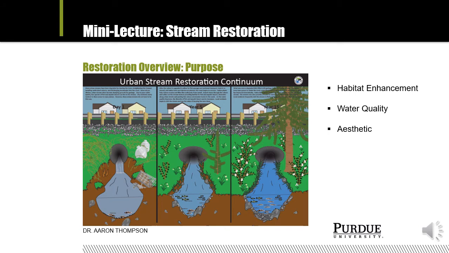One of the most important reasons we won't be able to cover the entire topic is that stream restoration is a broad practice, with lots and lots of different applications. Keep in mind the general purpose: why are you restoring the streams? There's a number of different reasons that fall into habitat enhancement, water quality improvement, and improving the aesthetics.